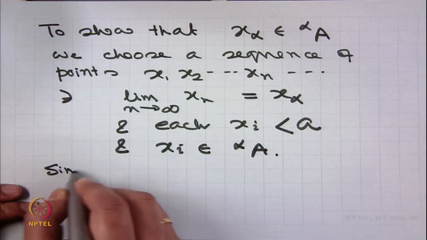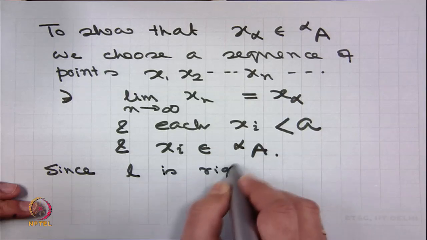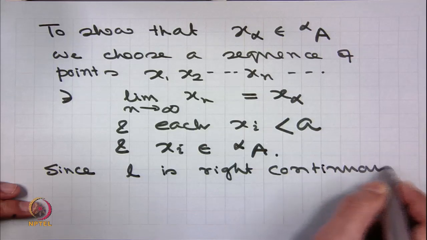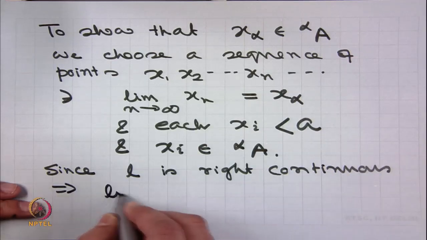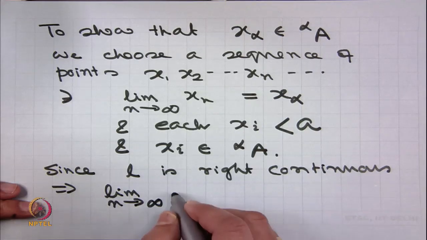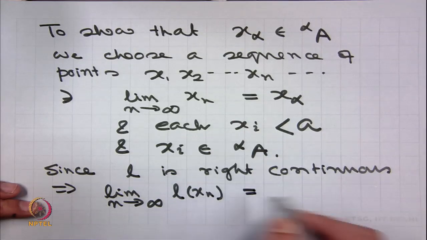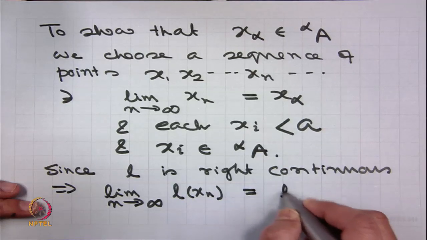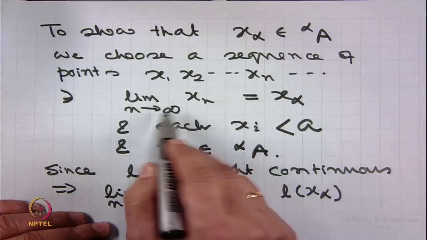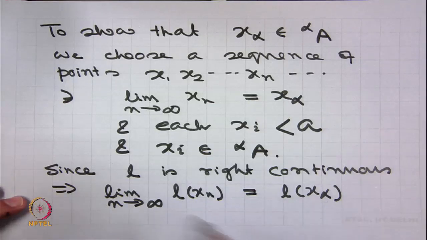Since L is right continuous, it implies limit n goes to infinity L of xn is equal to L at x alpha, because limit of xn is equal to x alpha and L is right continuous.